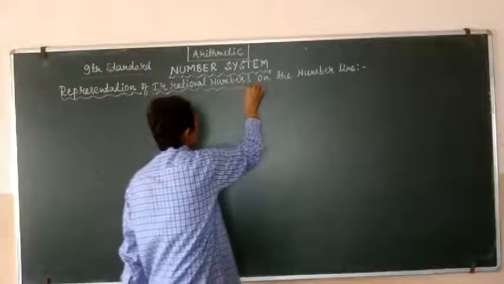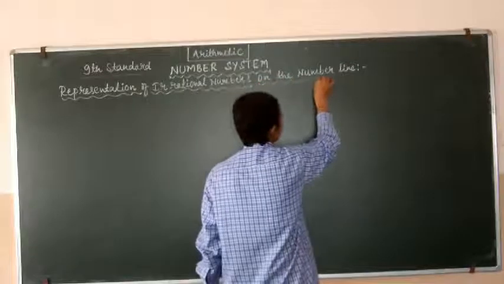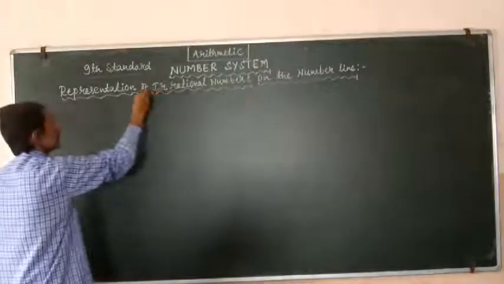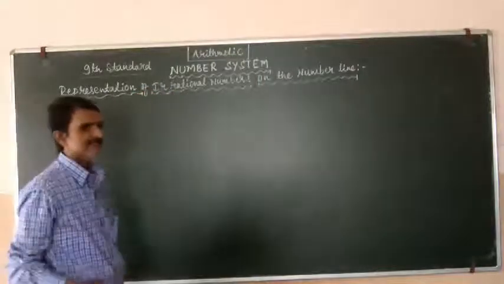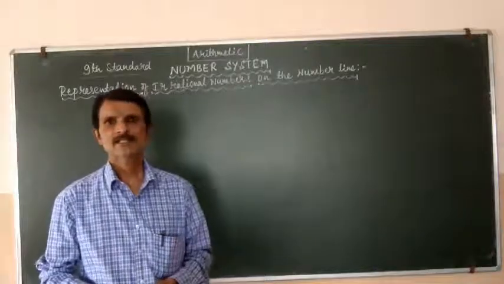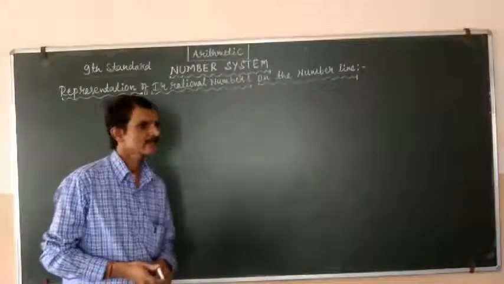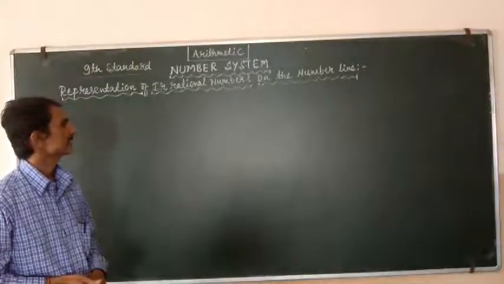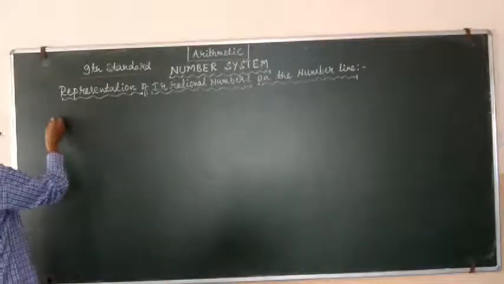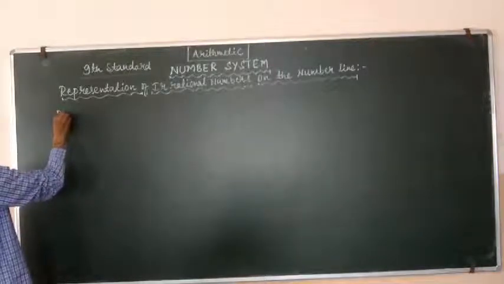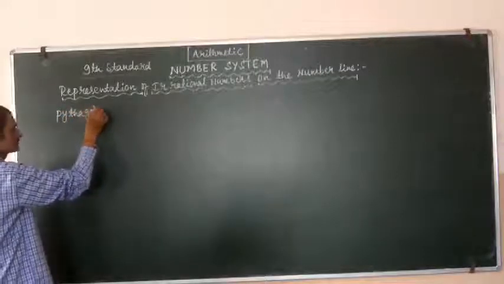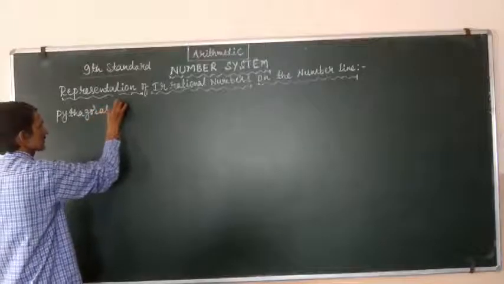Students, all of you are familiar with the number line already. That means you have already studied the number line in the 6th and 7th standard. So to represent the irrational numbers, we use the Pythagoras theorem.